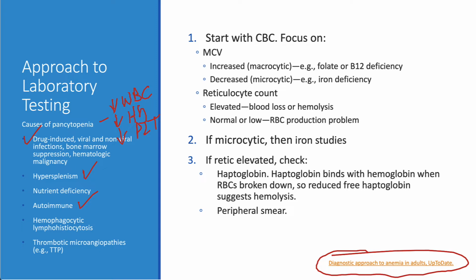All right. So for anemia, we're going to start with the CBC and focus on the MCV. When the MCV is increased, those are giant red blood cells, that suggests folate or B12 deficiency. If it's decreased, that suggests iron deficiency. So microcytic anemias are most often iron deficiency anemias.